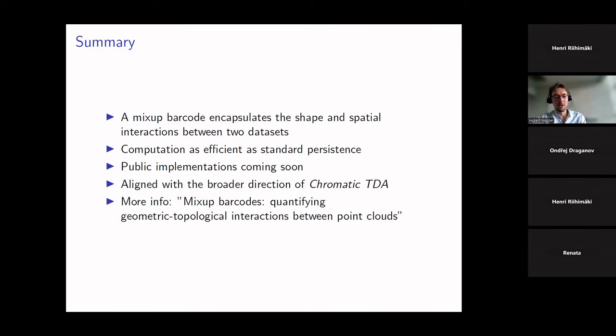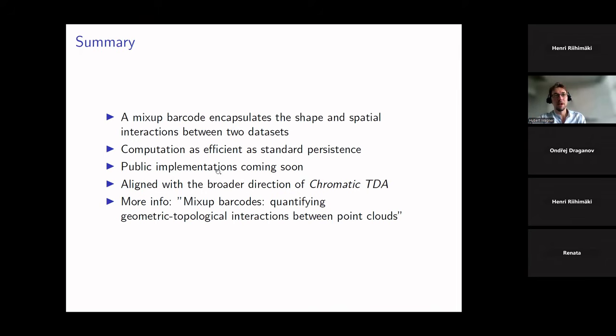Peter had a good observation that, in a sense, this is somewhere in between standard persistence and multi-parameter persistence. We still get to use all the tricks, all the efficient computations, but we get a little bit more than with standard persistence.